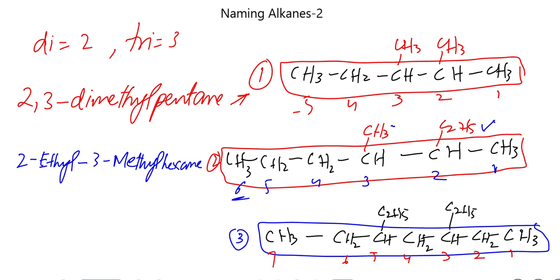Now 3 and 5, they have two branches and they are same, so you will use 3, 5 diethyl. Alright, so all branching business done. Total number of carbon is 7, simply heptane.